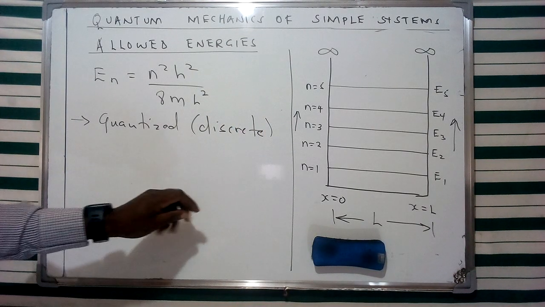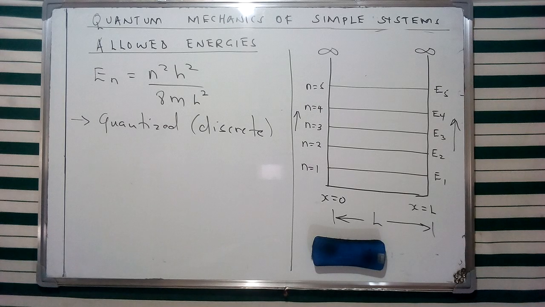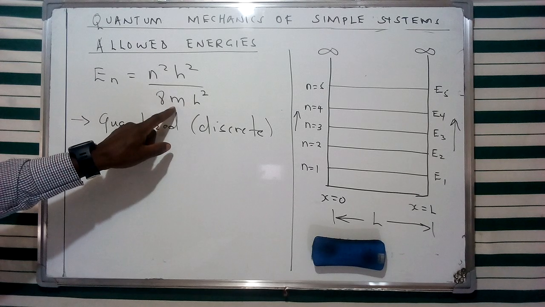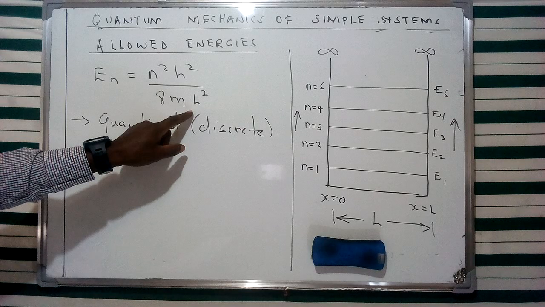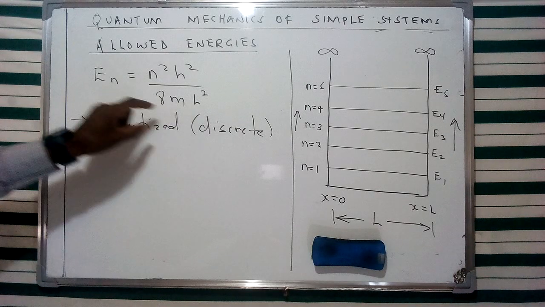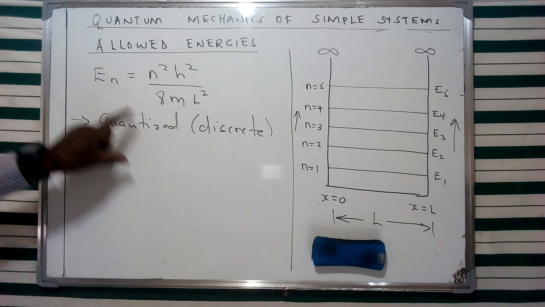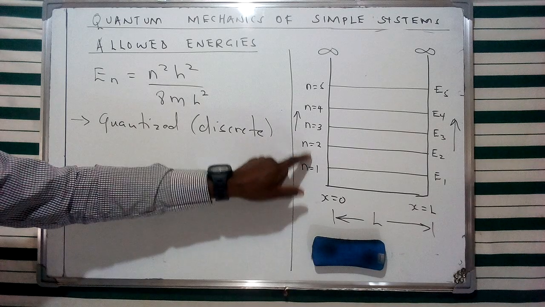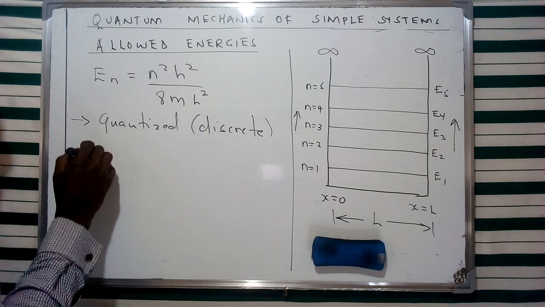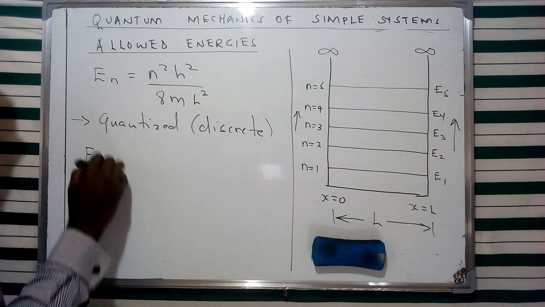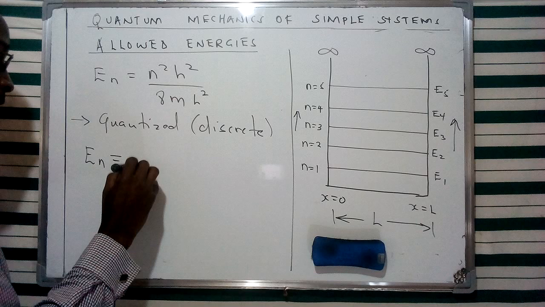So for our one-dimension box shown on the right side of the board, the energy is inversely proportional to the mass and to the square of the distance or the width of the wall. And the permitted energies in this case are obtained by having these values of n, as I've said. So we can represent the general case by substituting this specific value for n.